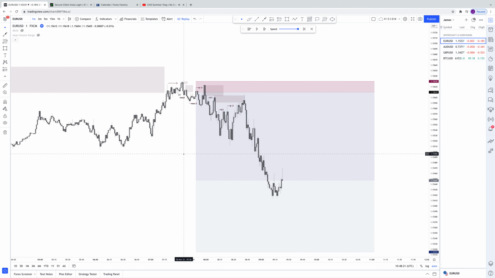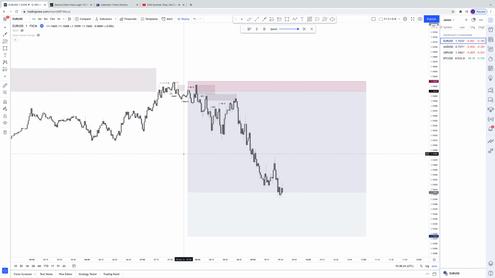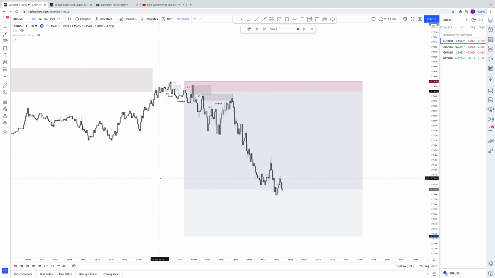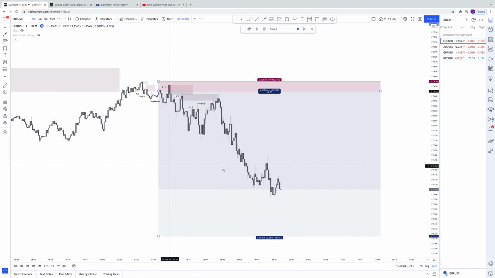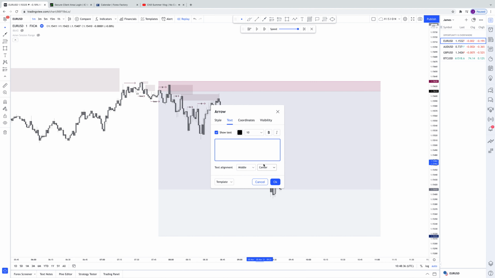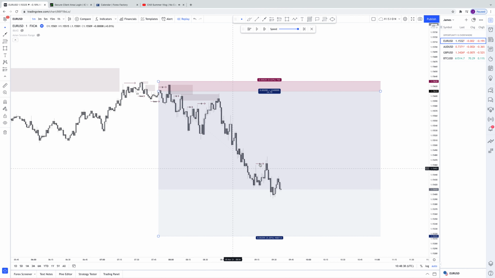Okay, so basically we've got the fuel needed for price to commit. And look, again, just looking at this, my TradingView is lagging again, but you know, it is what it is. Look, we have this high. What does price do? It comes above the high, liquidates that high, it taps into here. So that would be another entry.